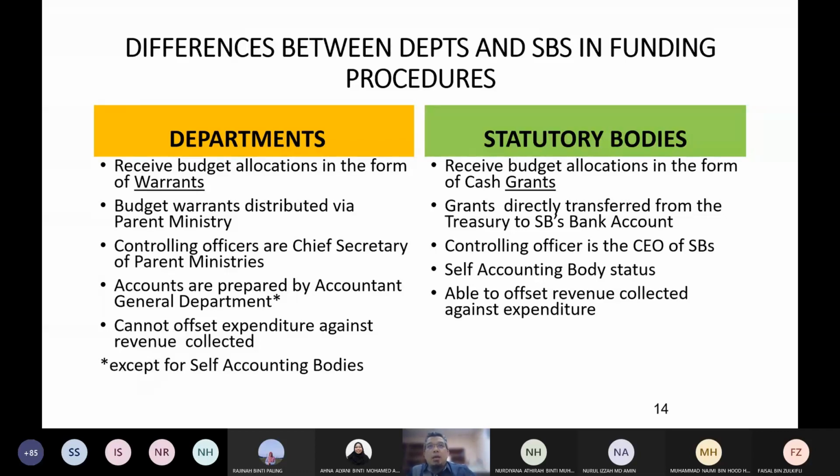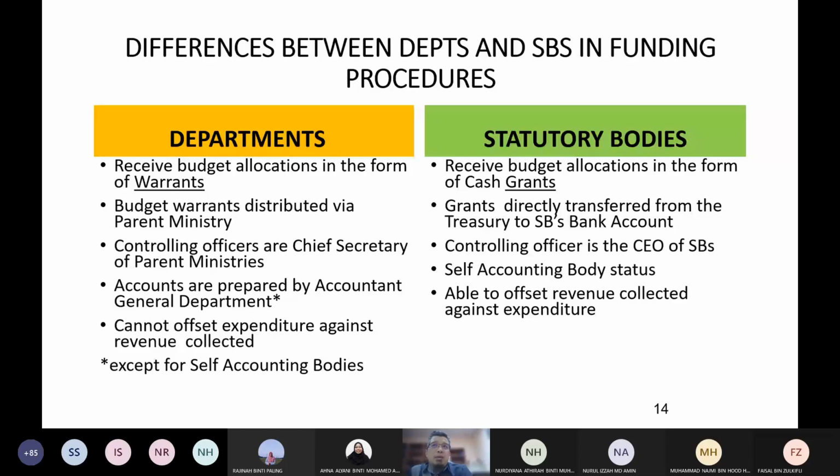But now, because they are moving to accrual accounting, there was a plan to convert even the ministries and departments into self-accounting bodies. As for the latest updates, you can ask the AG or whoever, and maybe you can share in class if you have information on the current status. But there was a plan that when they introduce accrual accounting, all these government agencies would be able to hold self-accounting body status, and of course now it's an online information system.